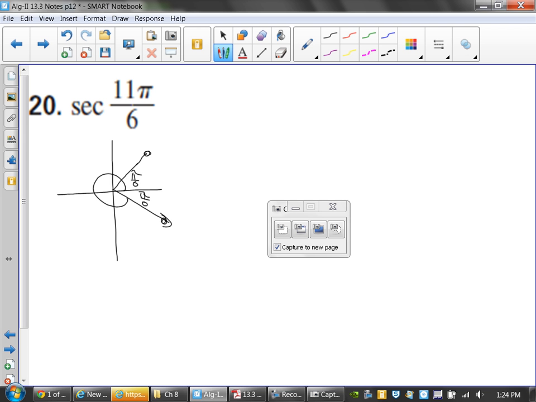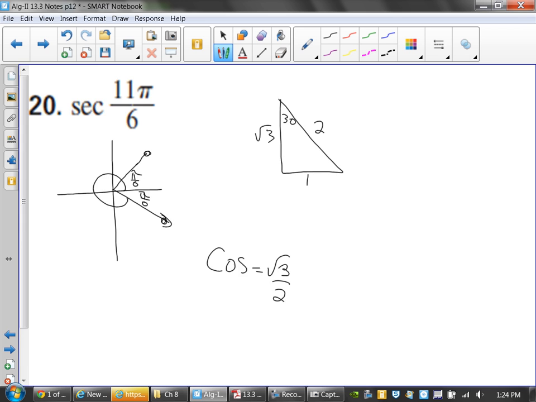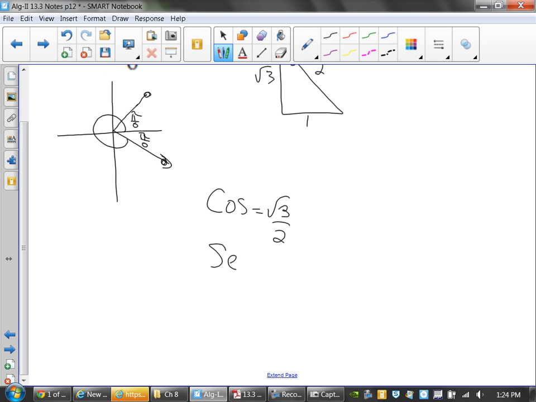Okay. So secant is the inverse of what? Cosine. So the first thing I'm going to do is look at my triangle, if you have a triangle, and see what the cosine of 30 is. What's the cosine of 30? Root 3 over 2. Therefore, what is the secant?